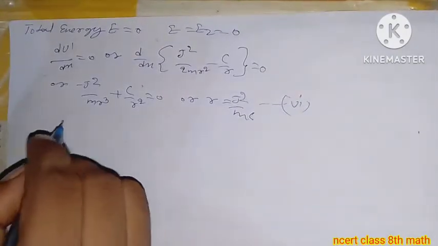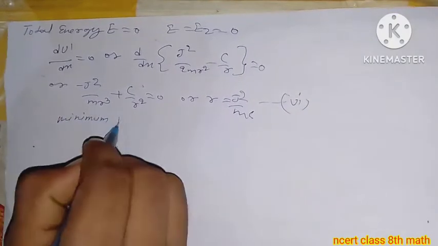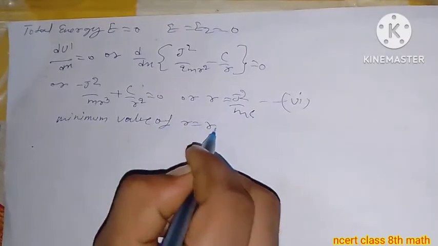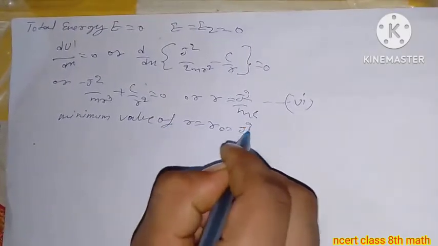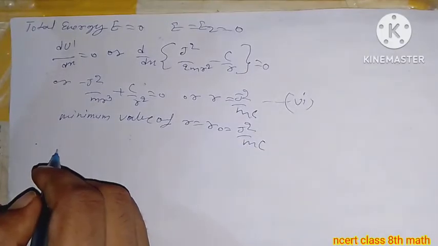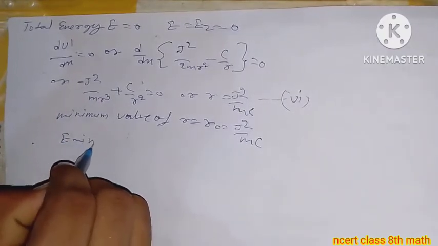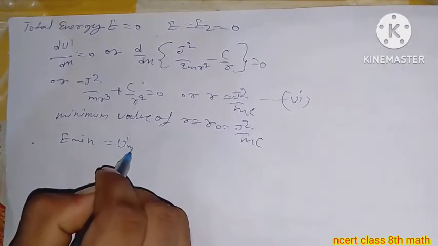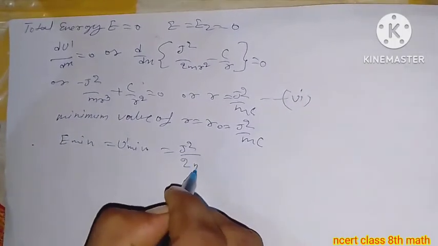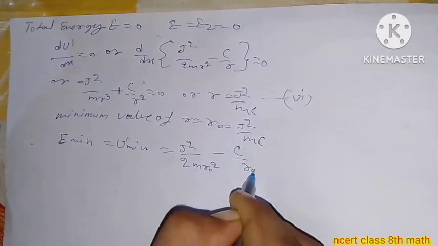So the minimum value of r equals r0 equals J square upon mC. The minimum total energy corresponding to r0 is given by E minimum equals U dash minimum equals J square upon 2m r0 square minus C upon r0.